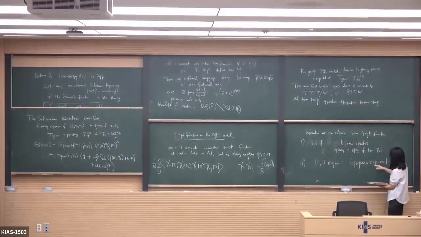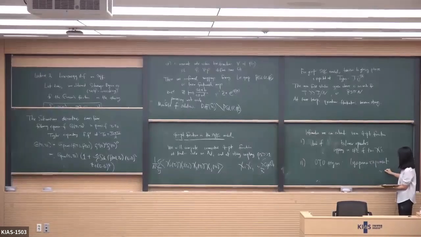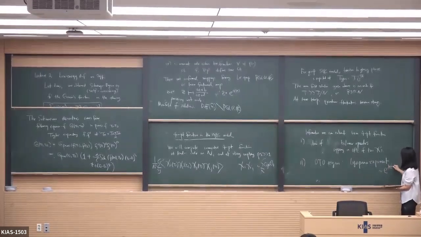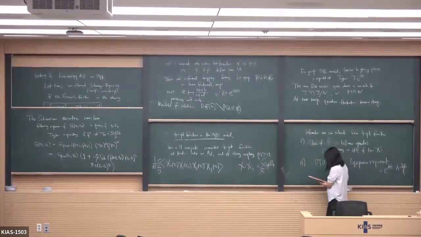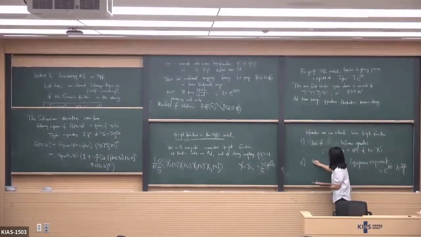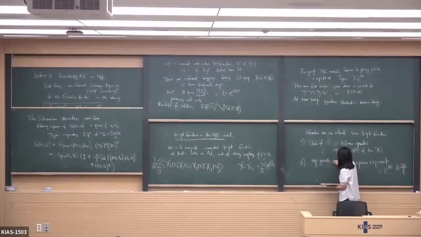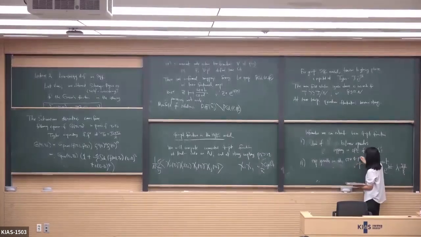Okay, so this is an exponent where the 4-point function has a piece that grows like e to the lambda t, where lambda is going to be 2 pi over beta. So this is the exponential growth in the OTO 4-point function.